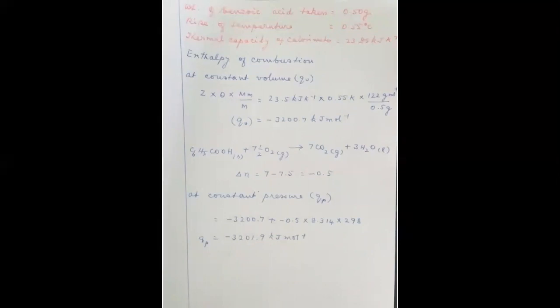So what you are getting is minus 3201.9 kilojoule per mole. So this is how the bomb calorimeter is used to measure the enthalpy of combustion of various materials.